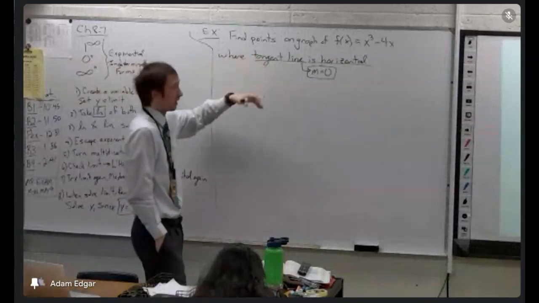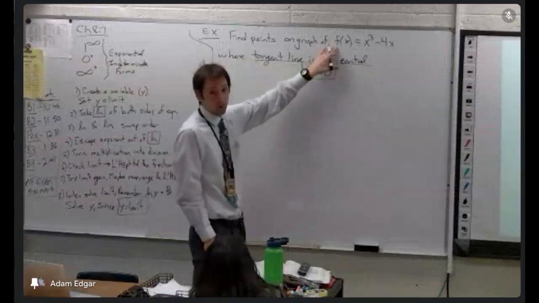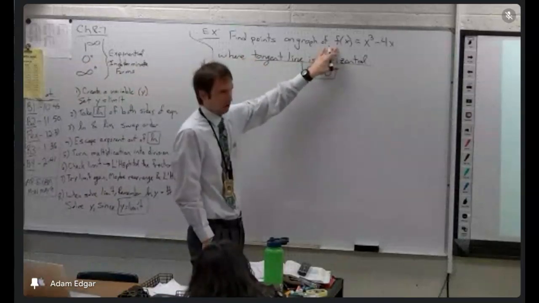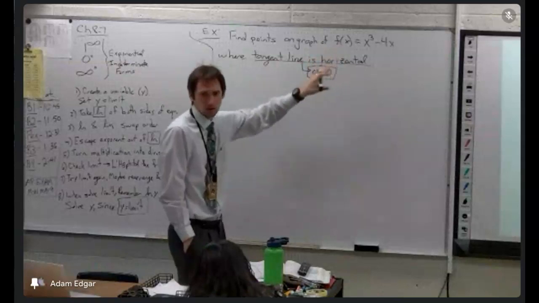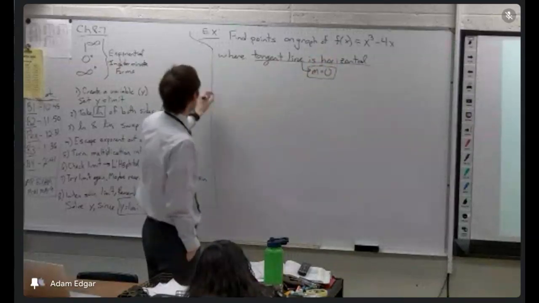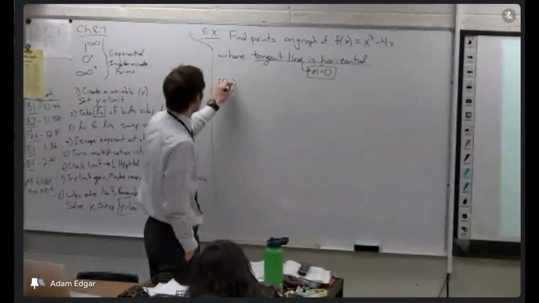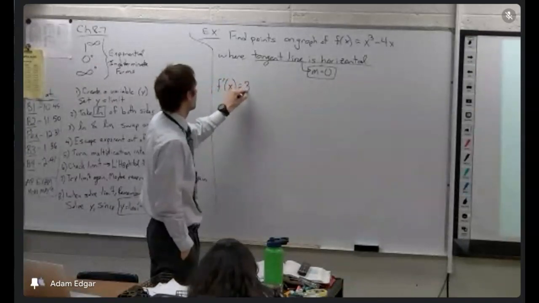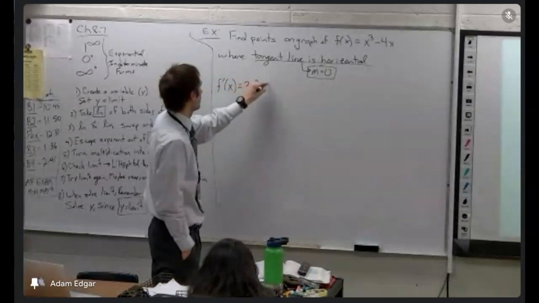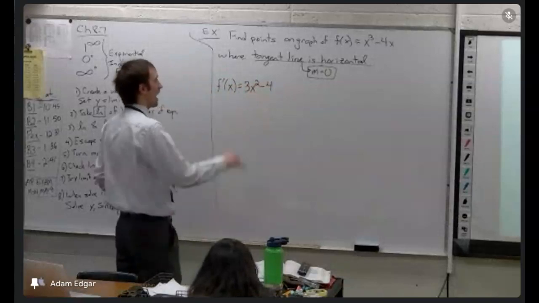Differentiate it. Do you have to use your limit process to get the derivative? No. Only do that if I tell you to. The rest of the time, please just use your shortcuts. So the derivative, f prime of x, is what? 3x squared minus 4.